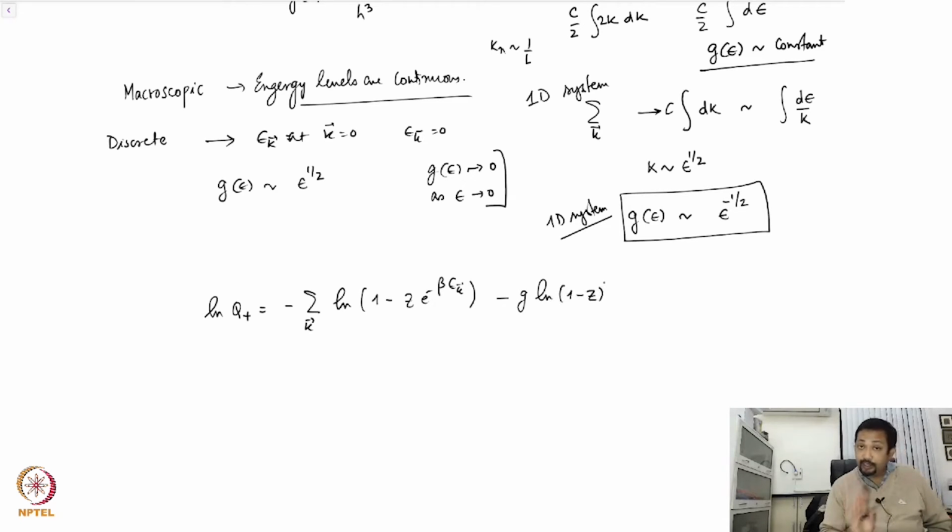There is no volume factor which comes in over here. You are just looking at one energy level, and that has a degeneracy from internal degrees of freedom, which is usually the spin, which gives you the degeneracy g, right?